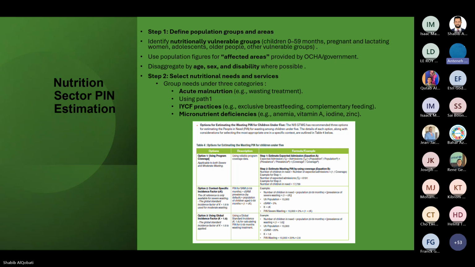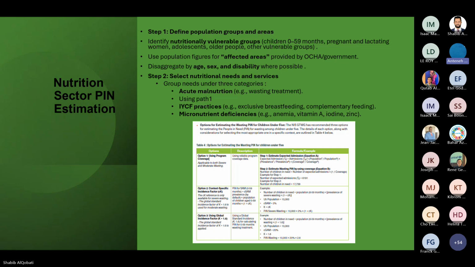Option 2 is the context-specific incidence factor. In order to estimate the PIN for wasting, you take into account prevalence caseload, meaning the caseload you expect at a point in time, plus incidence caseload, meaning the number of new cases that you would expect to emerge during the 12 months period, usually.